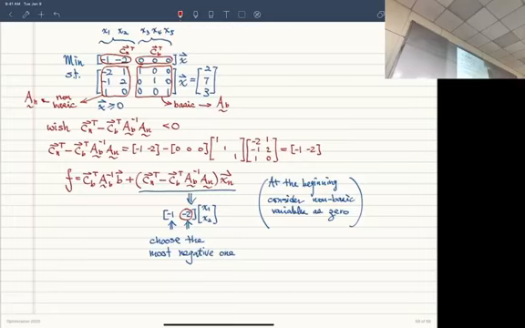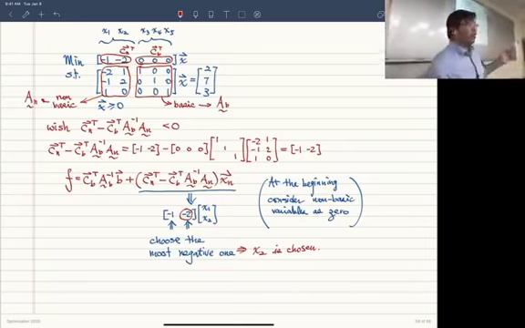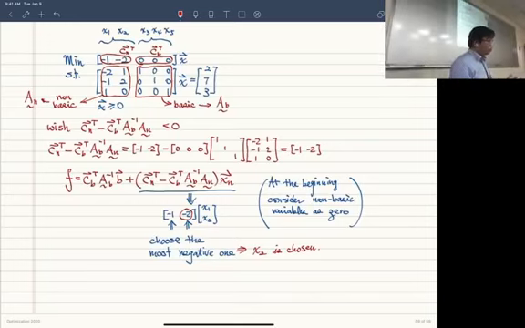So the corresponding variable x2 is chosen, and we wish to increase the value of x2. And when we increase the value of x2, it's no longer 0. That means originally it was non-basic. We basically want to convert it into basic. So this action is matching the way we categorize the variables.